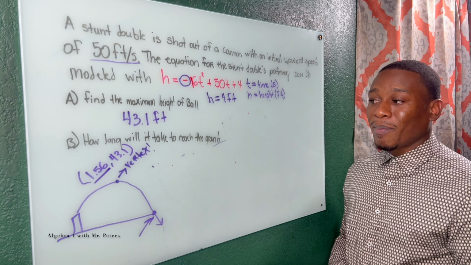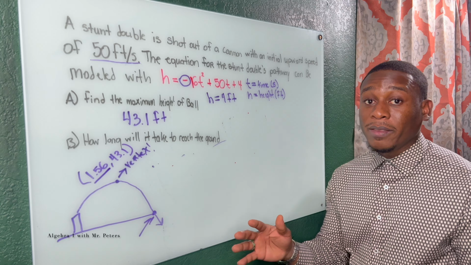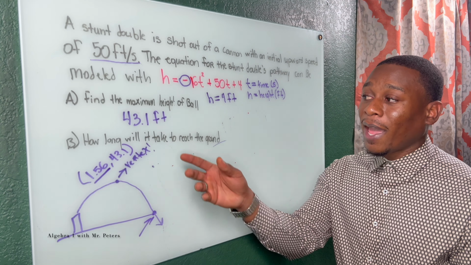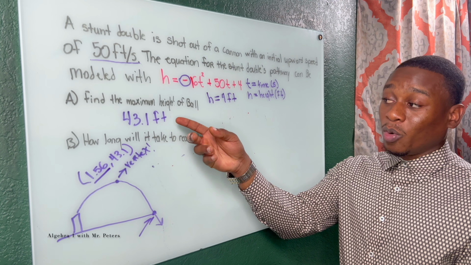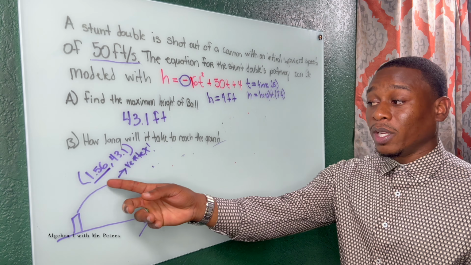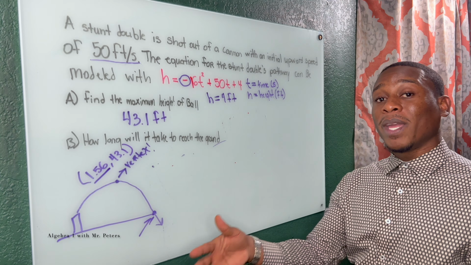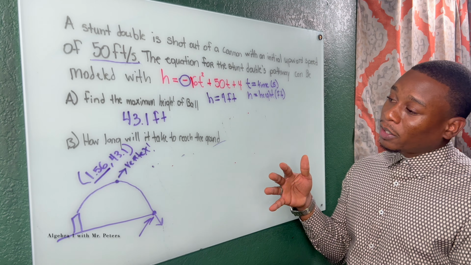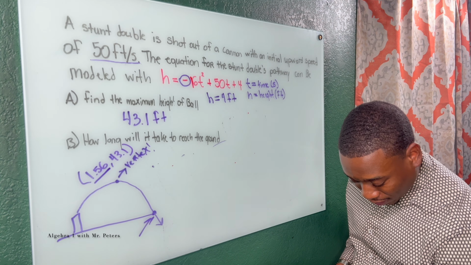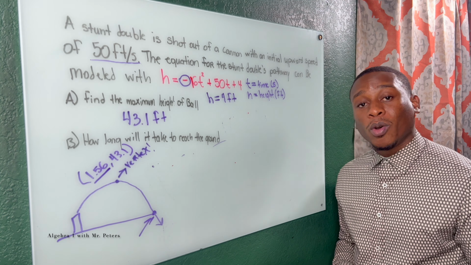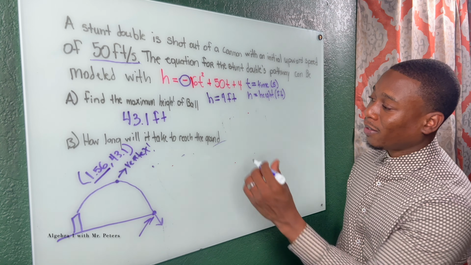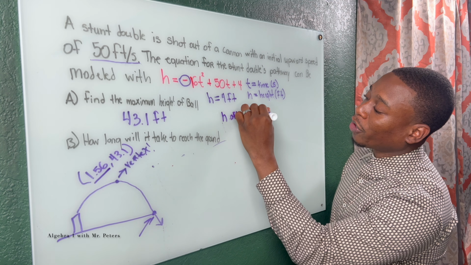Now, the second thing they may ask us, it may not be that easy, meaning they may not ask you how long it would take to get to the maximum height because you did the work. Instead, they may say to you, let's see, what's the best way to frame this? They may say, okay, what is the height after 3 seconds?